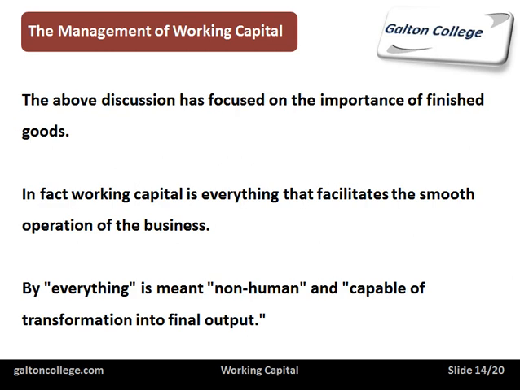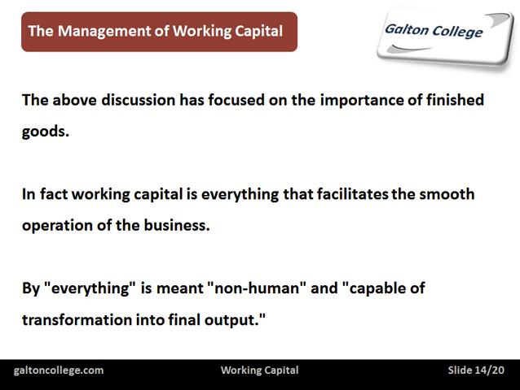We've talked about the importance of finished goods in this session quite a lot. In fact, working capital is everything that facilitates the smooth operation of the business. And by everything is meant non-human and capable of transformation into final output.